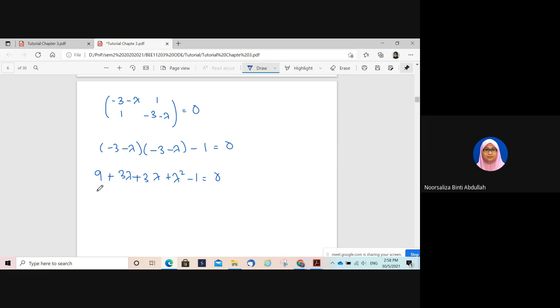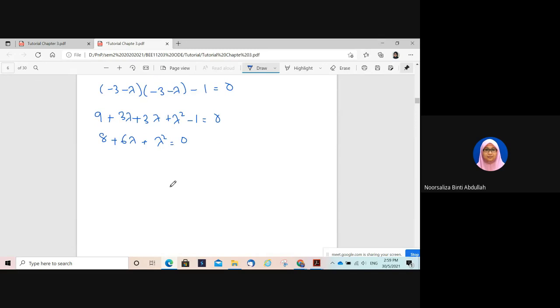And then we have 9 minus 1, 8, minus 3 lambda minus 3 lambda, minus 6 lambda, plus lambda square equals to 0. So you rearrange these equations, then you have lambda square plus 6 lambda plus 8 equals to 0.